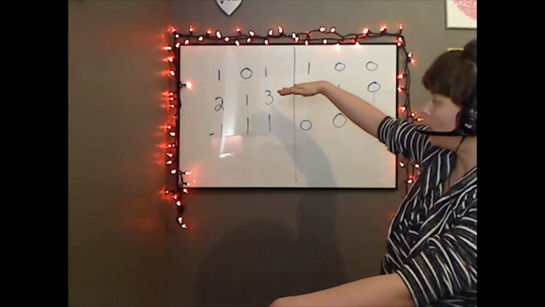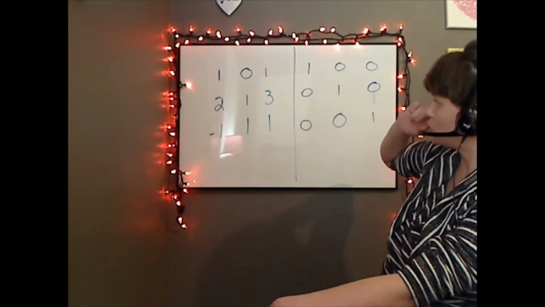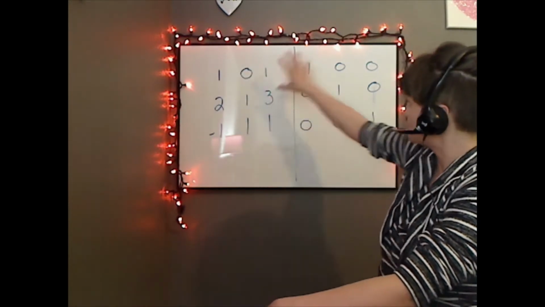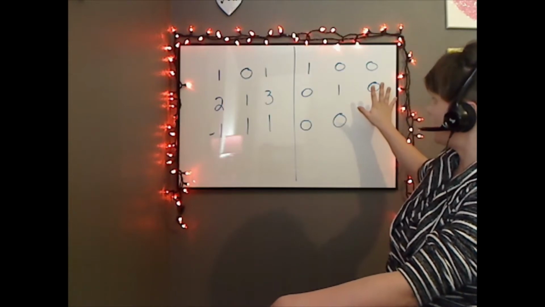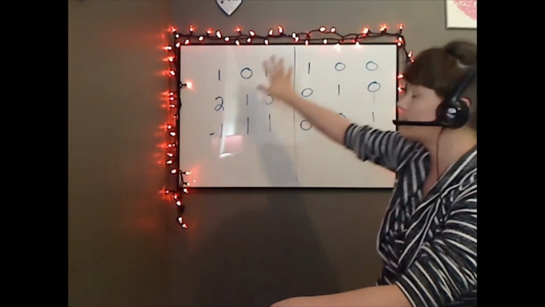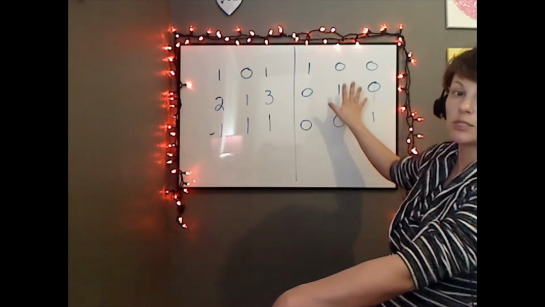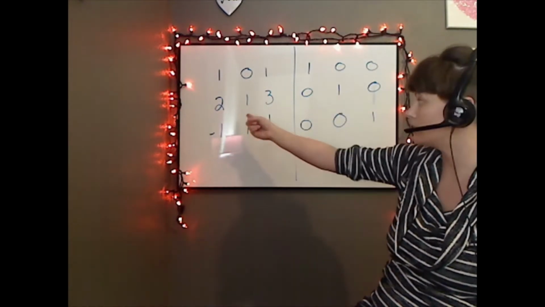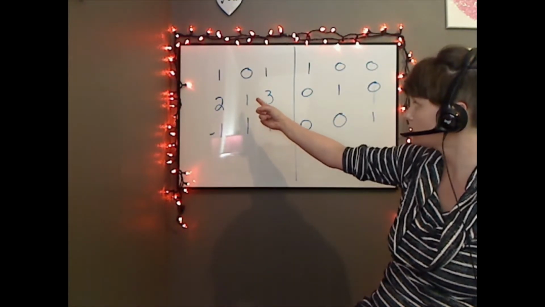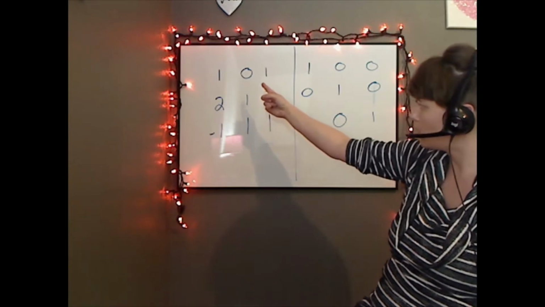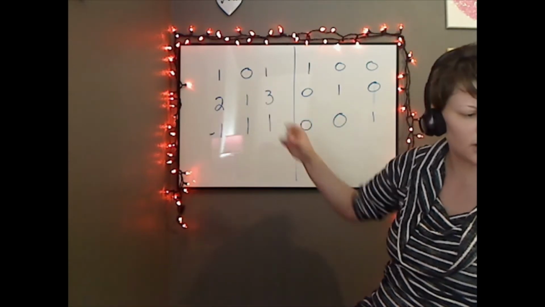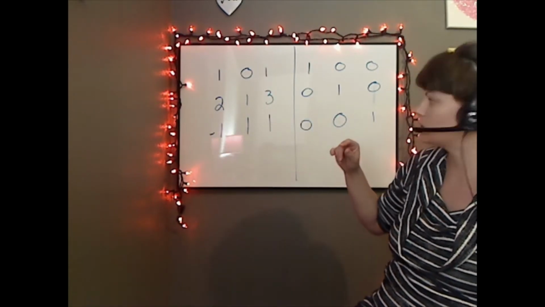So what we're trying to do is get this matrix to look like this one. And then as we work on this matrix, it'll change the numbers in this one until it becomes the inverse of this matrix. So we want to go systematically through here and start making zeros.